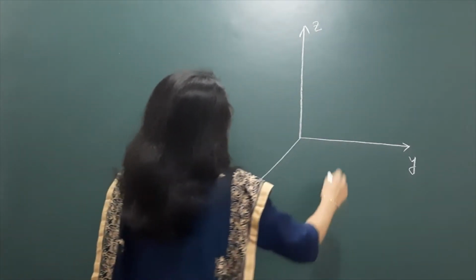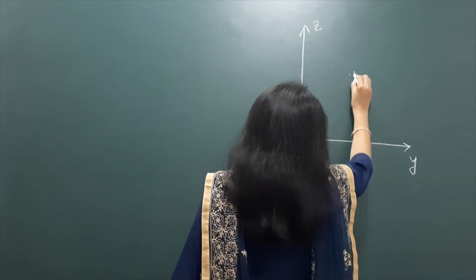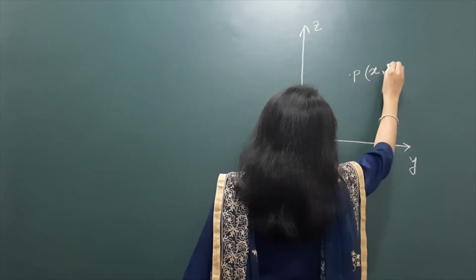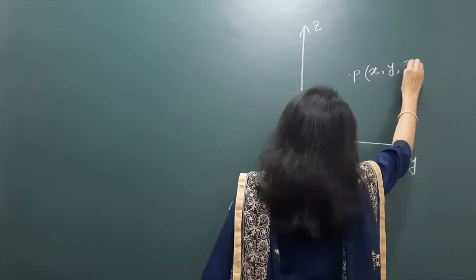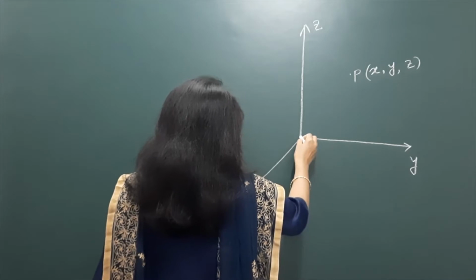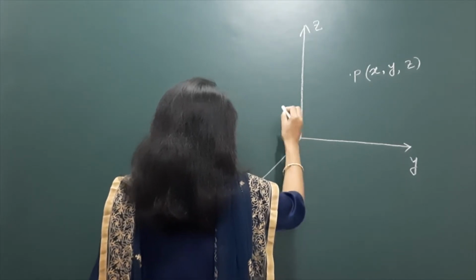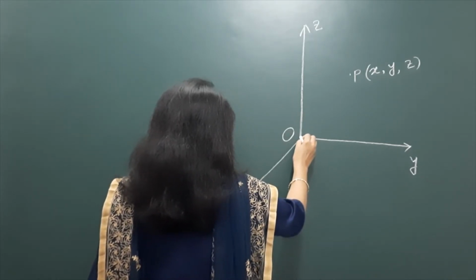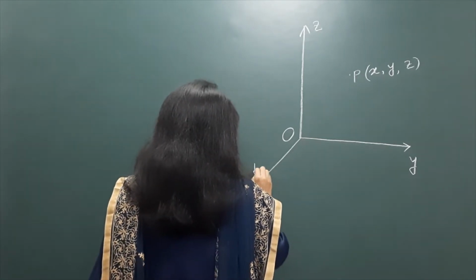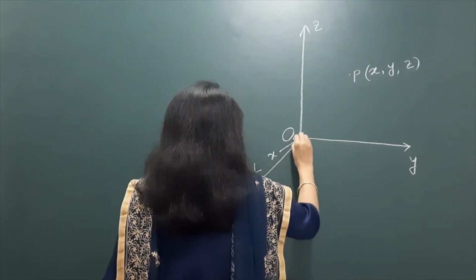Let us take a point P whose coordinates are X, Y, Z. Origin O, from O to say L, this much is X.